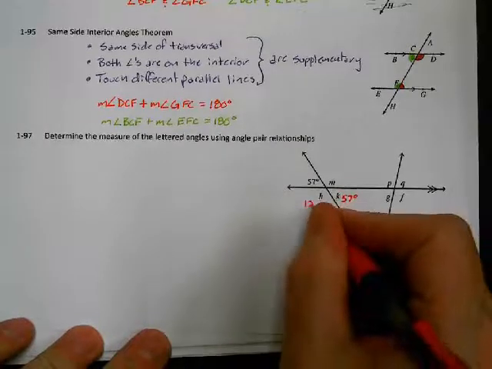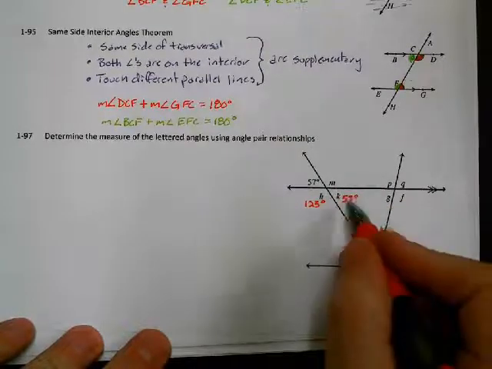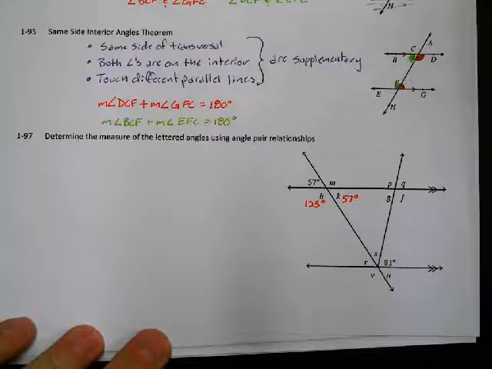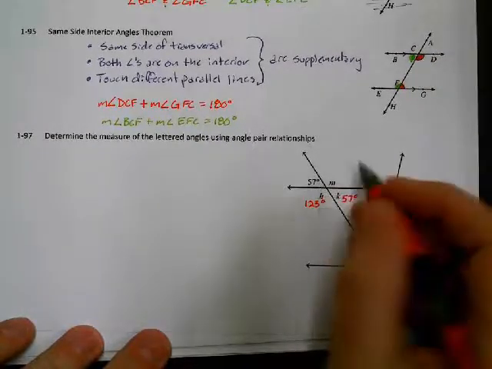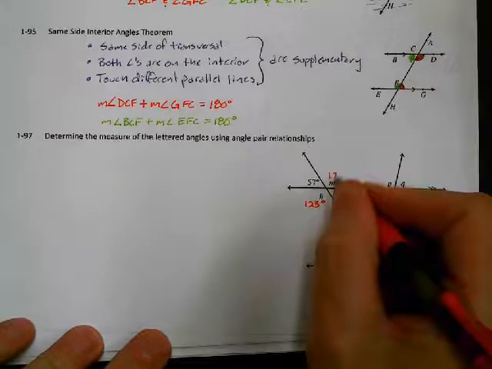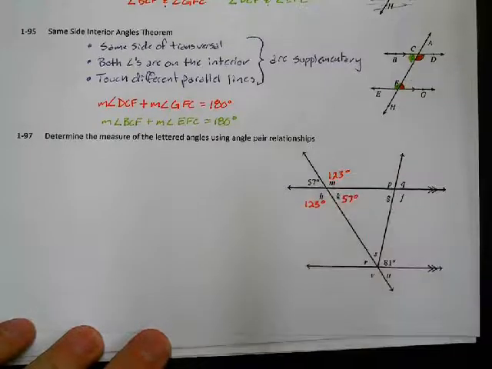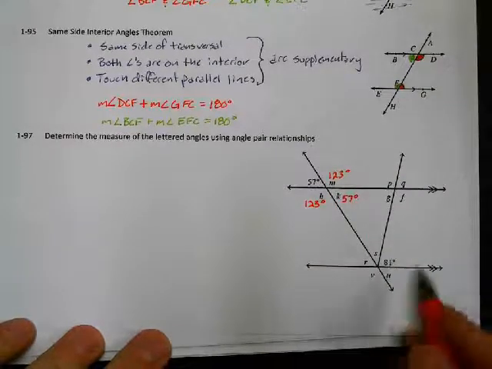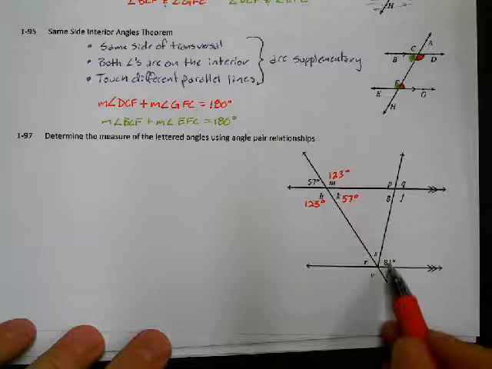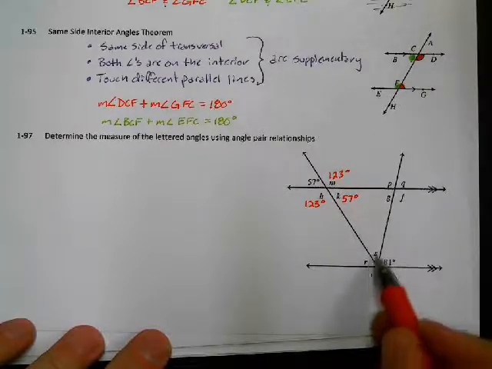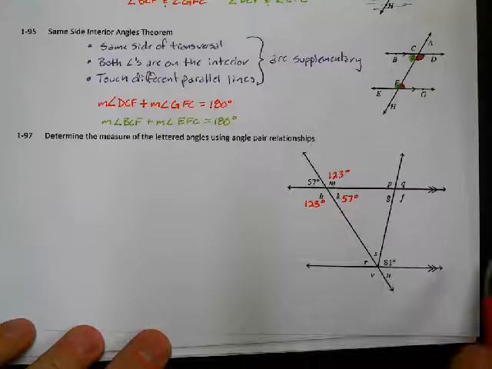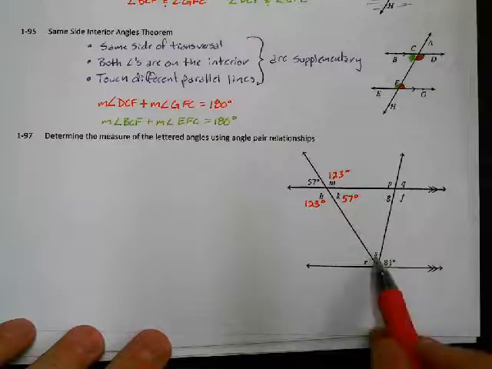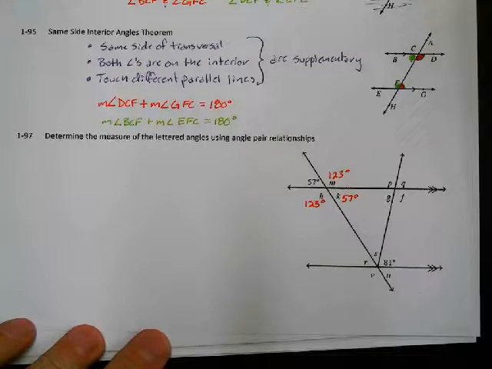So using linear pairs, these two add up to 180. And now I can use vertical angles, and M also has to be 123. Now we've got a problem here. This 81, these two together added up with that one should make a straight line. So I can't use linear pairs right here. So I'm going to have to be a little bit more creative in how I do stuff.